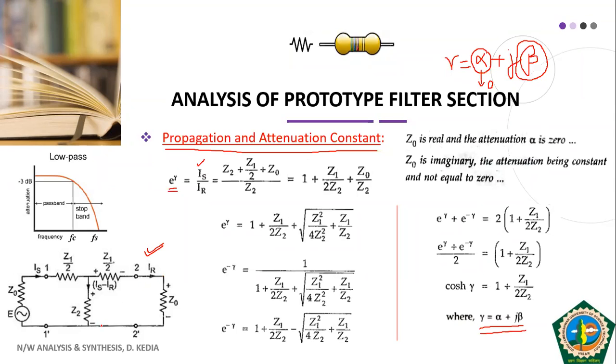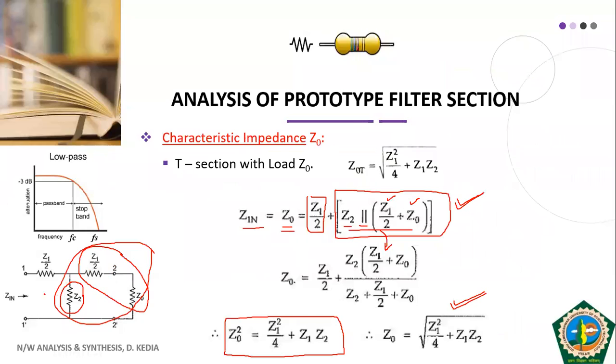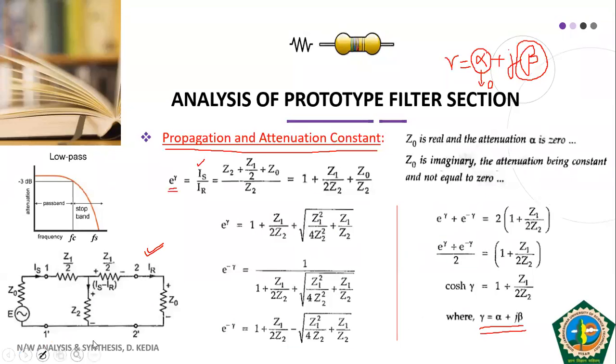So here, this is again the T section that we saw in the previous slide. Here, Is is the current in this Z1 by 2 branch, that is on the input side, and Ir is the current on the output side. And in the shunt arm, what will be the current? It is minus Ir. Okay, and we define e raised to power gamma as Is by Ir.